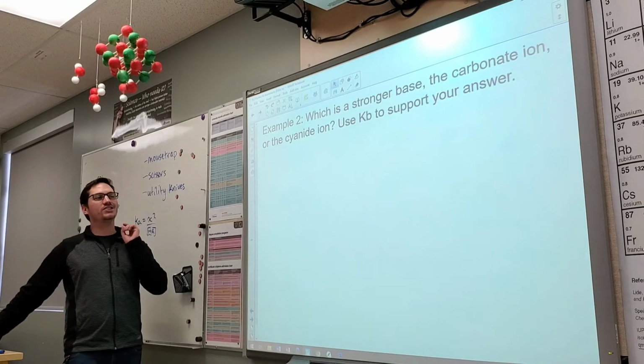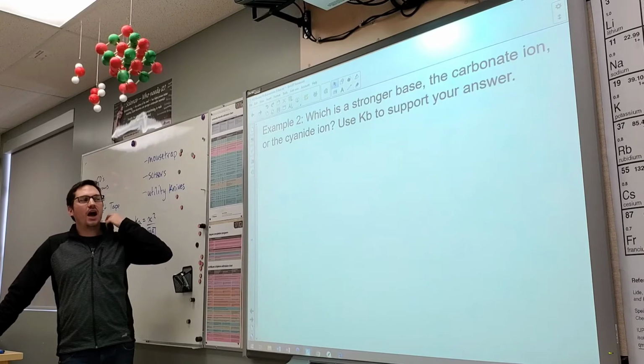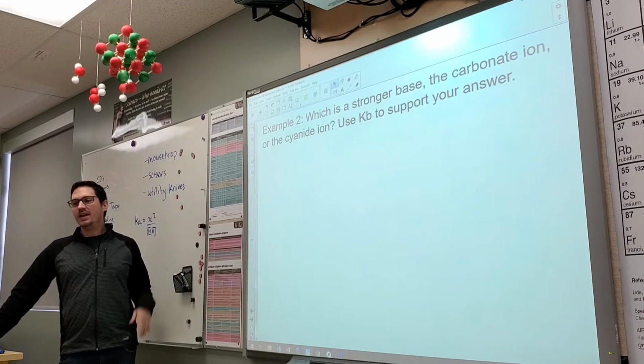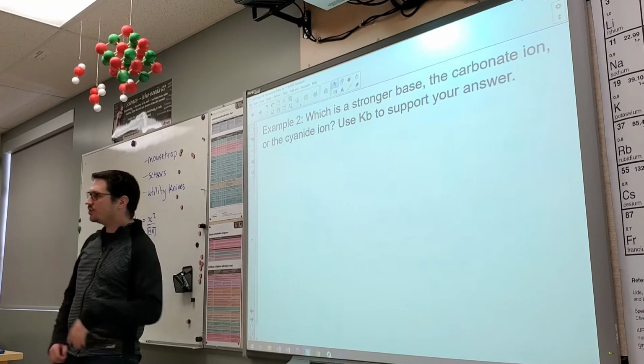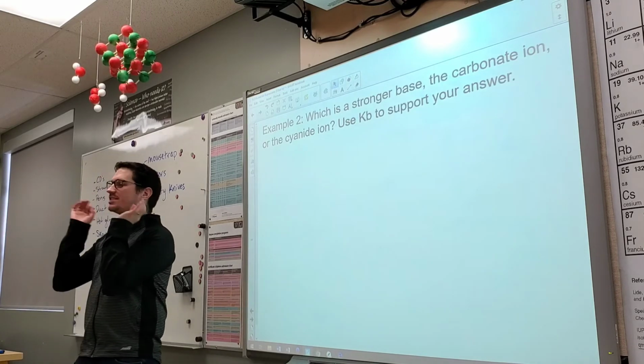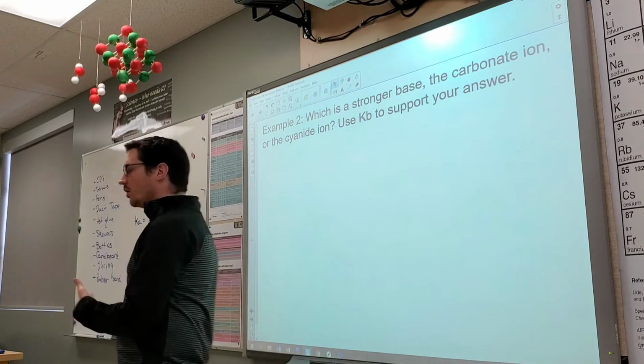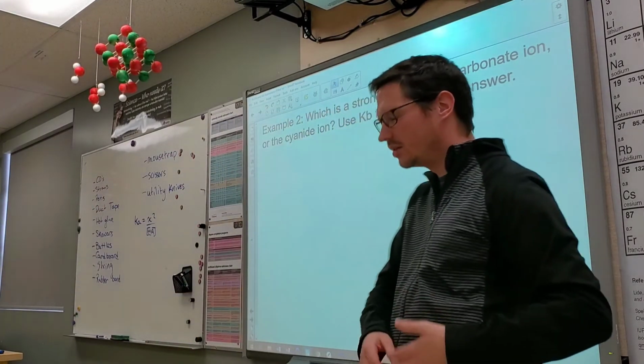Which is a stronger base, the carbonate ion or the cyanide ion? Now you can look at your data booklet and you can just immediately tell. Use your data booklet and tell me which one is stronger.